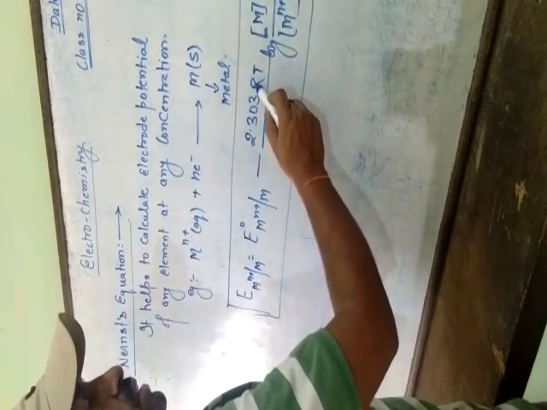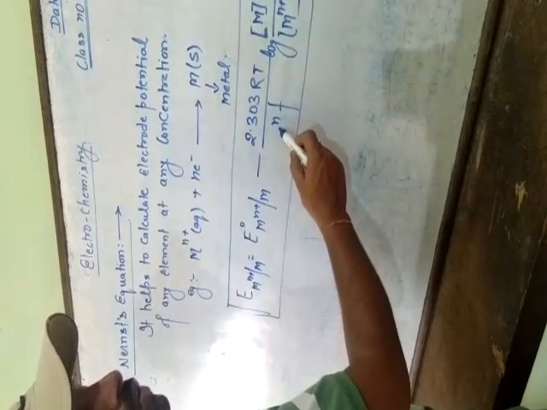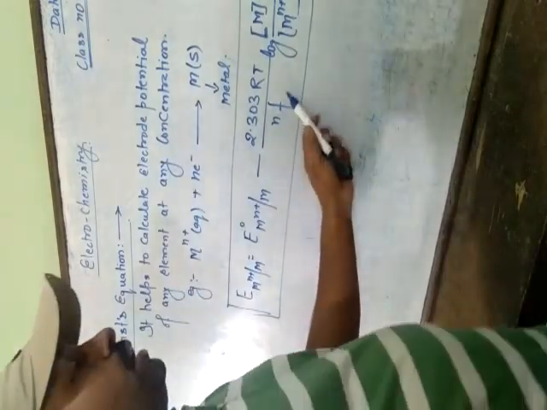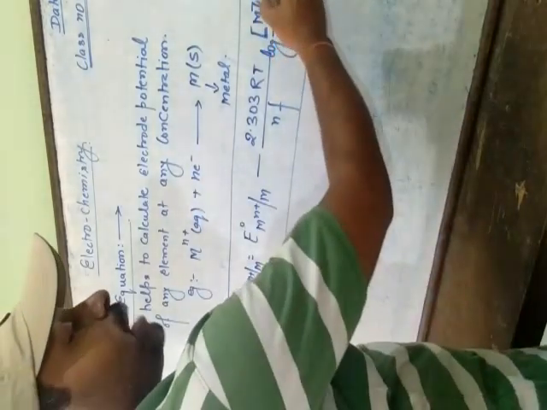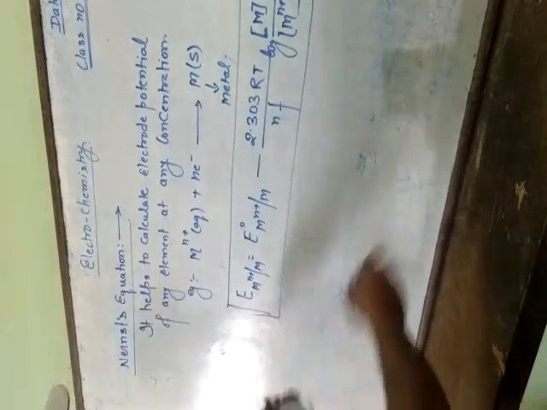Students, R is the gas constant, T is the temperature, n is the number of electrons involved, F is the Faraday, and the square bracket represents the concentration.